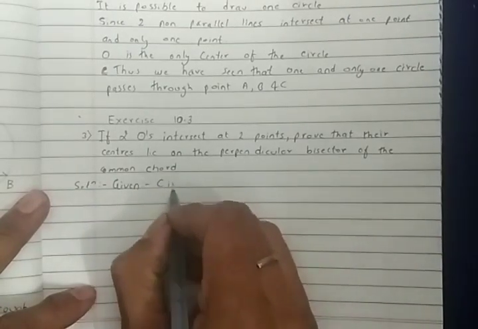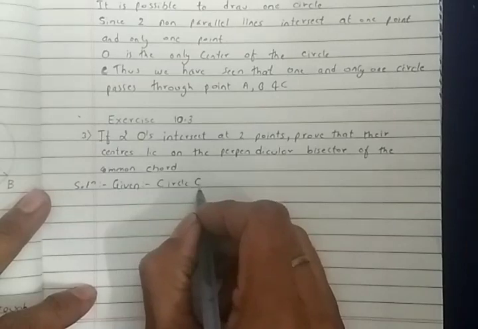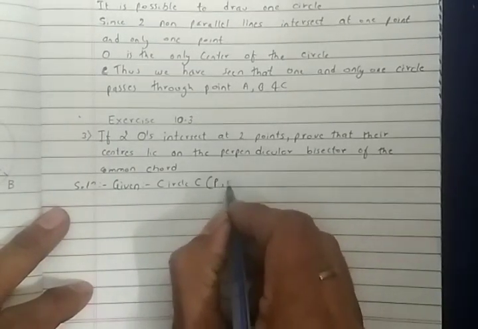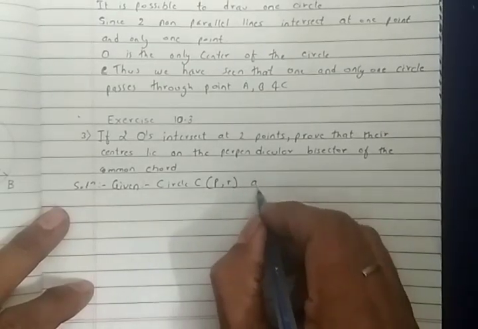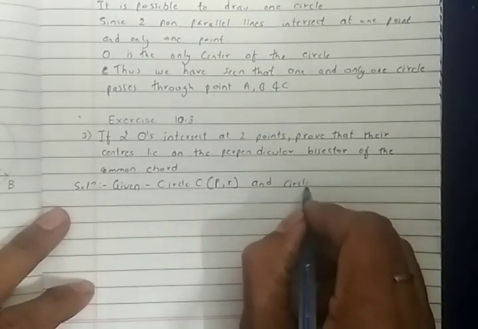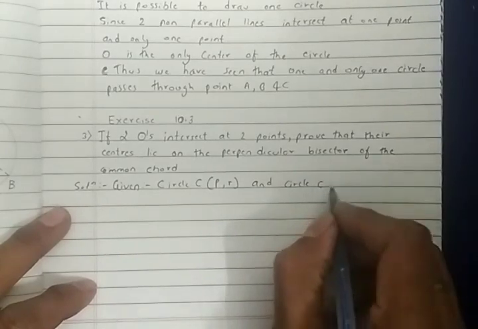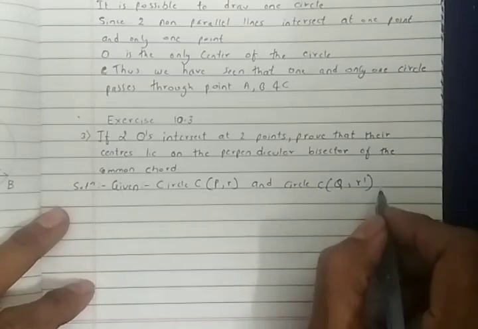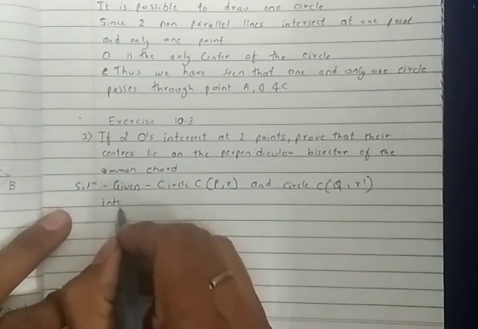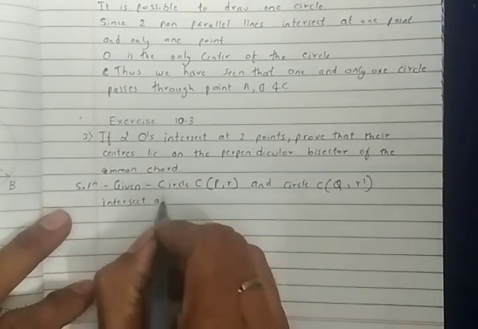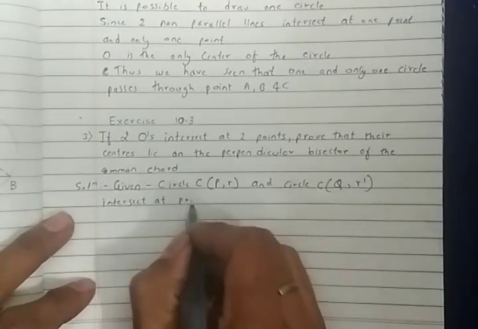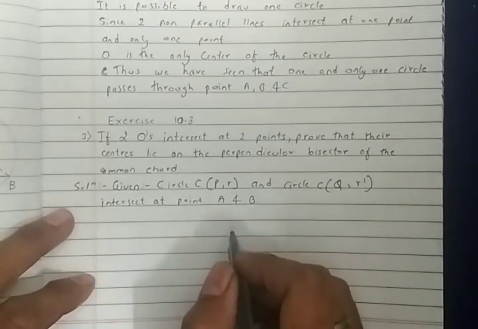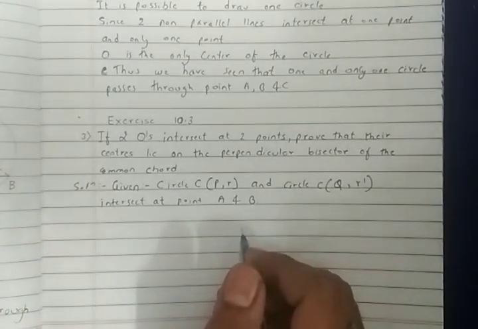There is a circle, let's call that C, which has a center point P and of radius R, and there is another circle which has center Q and radius R dash. Let them intersect at points A and B. First we will draw that.